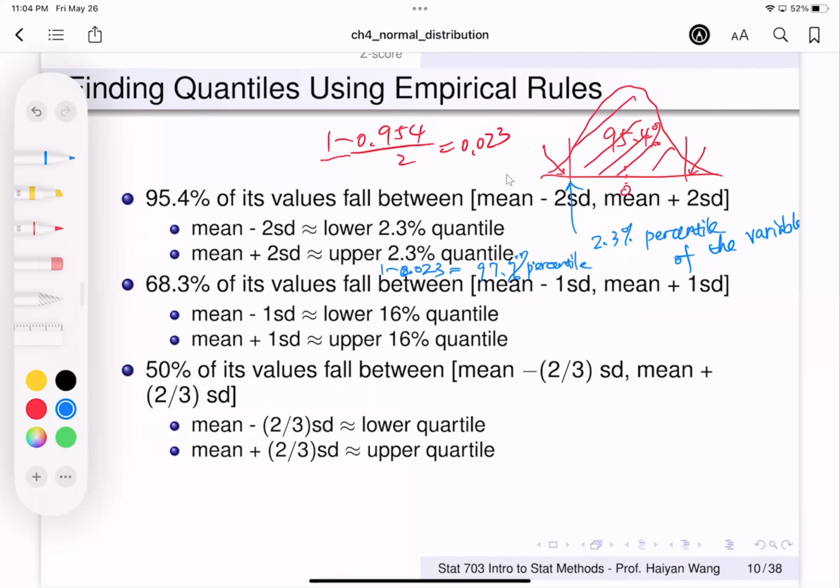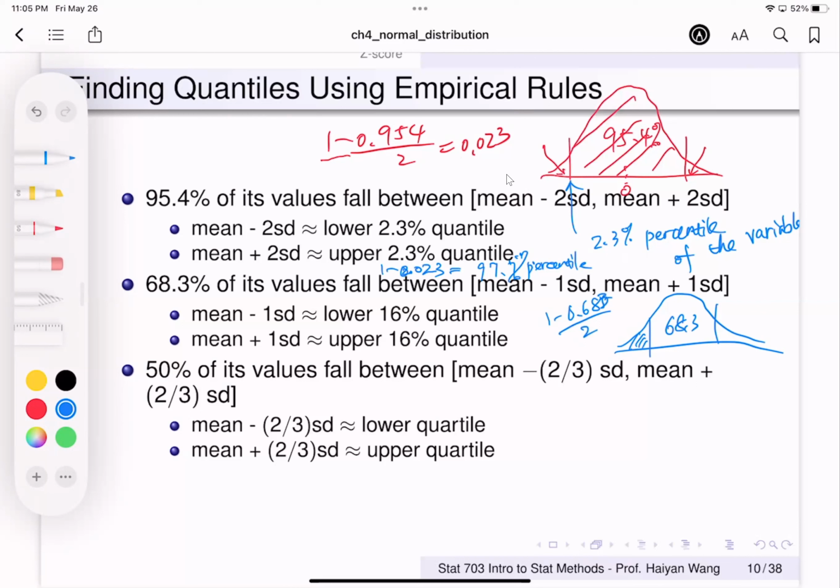Similarly, we know that with one standard deviation below and above the mean, that captures 68.3% of the values. So in that case, how much is in each tail? For this case, the middle gives us 68.3, and then each side would be half of 1 minus 0.683, divided by 2.